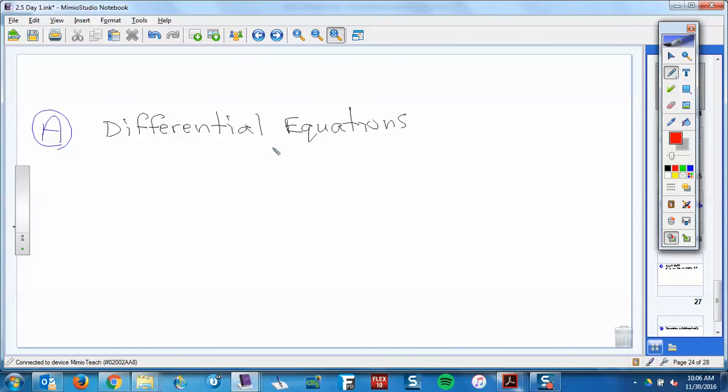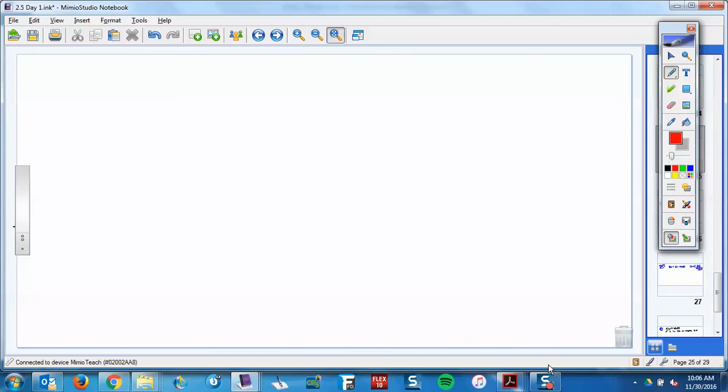So in your notes, you might want to start another page. This is kind of a separate thing here. And in some ways, it's a little bit of a side trip, kind of like limits were in the last section. Your book tends to organize things that way a little bit, which I actually think is a good thing.